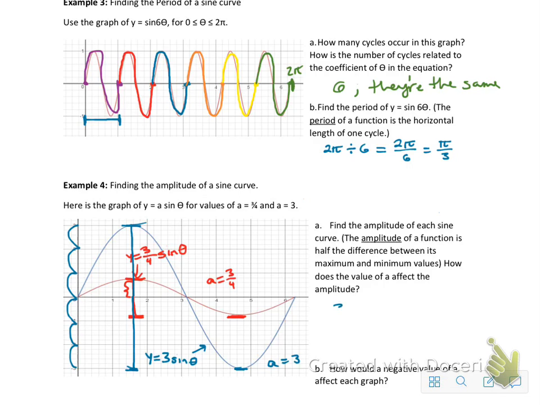So we have 3 and 3/4. And how does the value of A affect the amplitude? It's the same. So it is A. And it actually is technically the absolute value of A, technically speaking. And I'll show you how that's affected in a second.